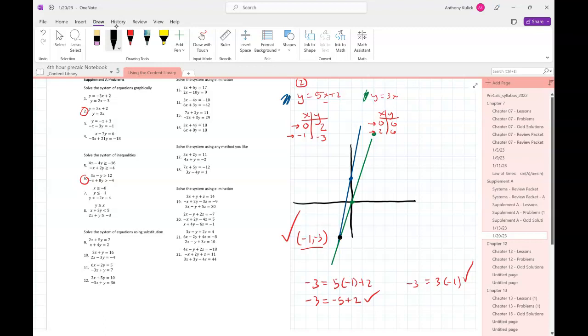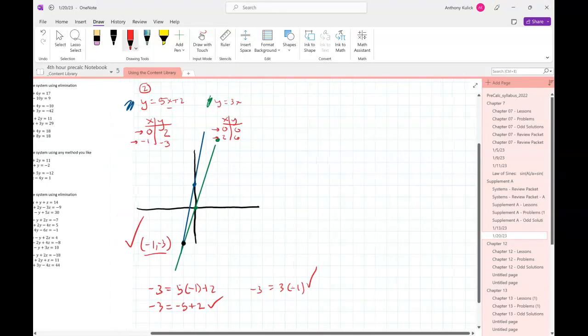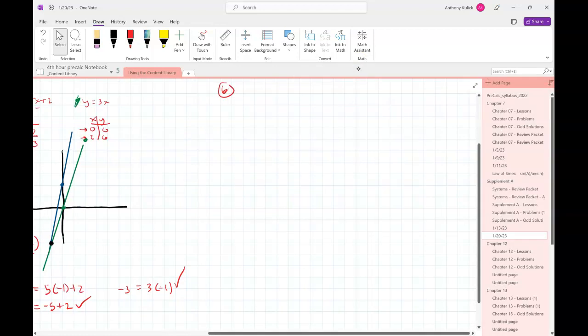So doing this in OneNote, where you can have the graph paper in there and use the ruler function, is super helpful, at least for me. All right. And then let's do number 6 real quick here. So much the same way.